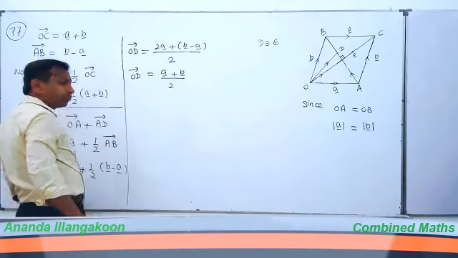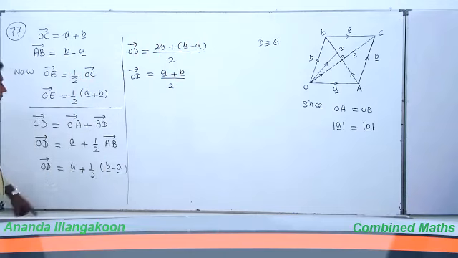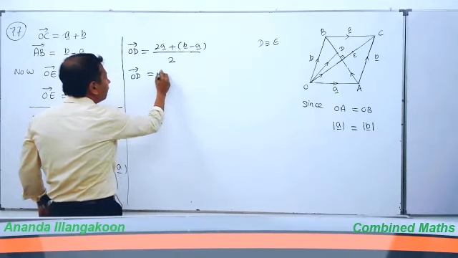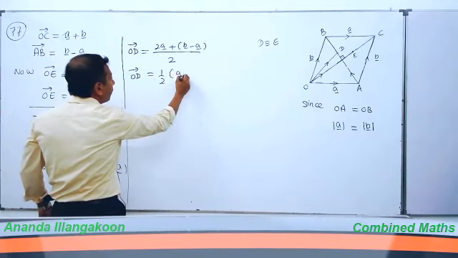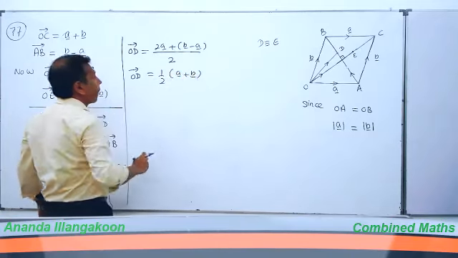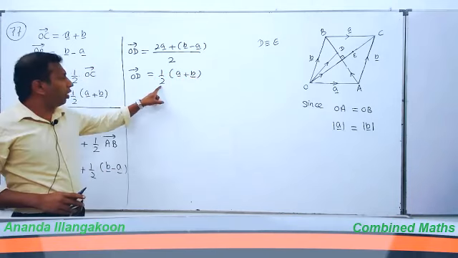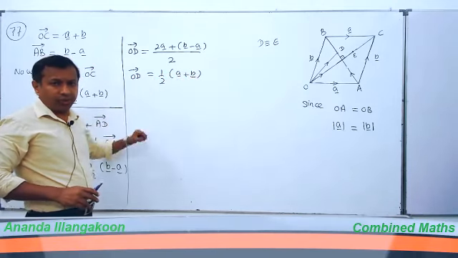This is the OD vector. A plus B divided by 2 means, people, half of A plus B, right? Half times A plus B. Then you can see here half times A plus B we got for OE, and here also half times A plus B we got for OD.